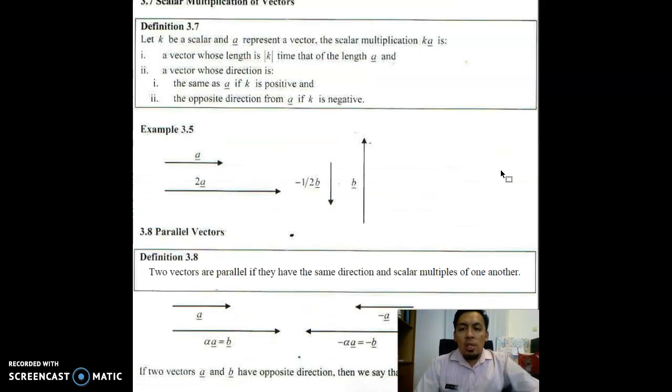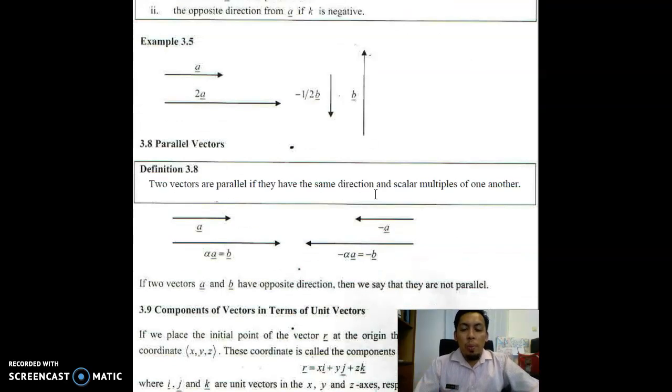So scalar multiplication happens when the vector is multiplied in terms of length, but it can also be the other way around. It is said to be parallel if they only point in the same direction.